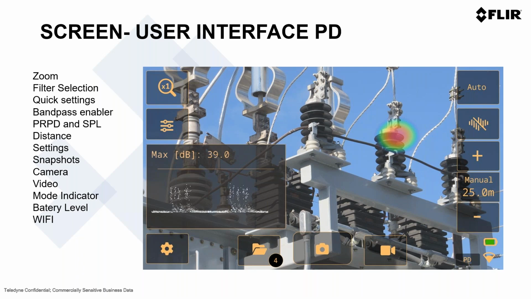And as another comment, you can see also the analysis result box, which shows the dB level and also the type of partial discharge. So in this case, our camera is the top leader performance in the PRPD or partial discharge detection.